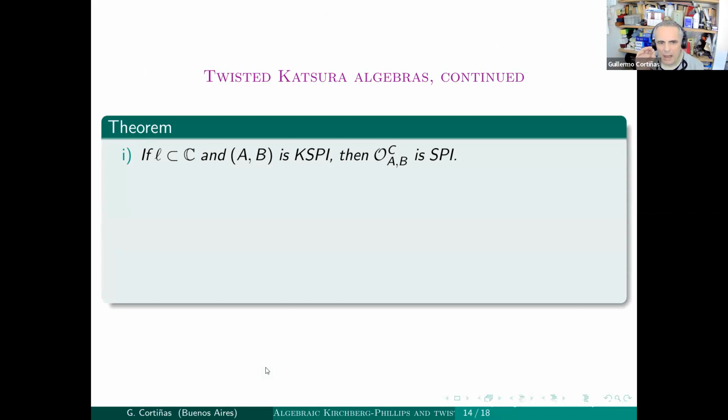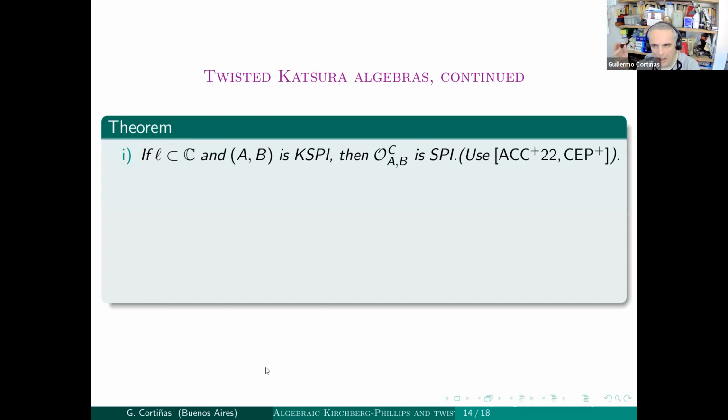Here I use some results of Clark, Exel, and Pardo, who have come up with a necessary and sufficient condition for a groupoid, not necessarily Hausdorff, to have a simple purely infinite Steinberg algebra.